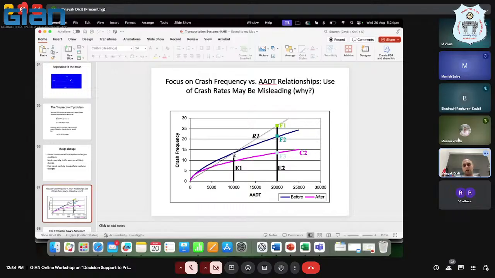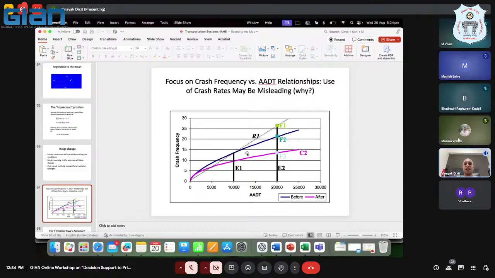After that, we find that the crash frequency is still around 13, but the ADT has increased to 20,000. So when a decision maker looks at it, they'll say, oh, look, there has been no impact on crashes. Whatever was happening is still happening, and the investment we made was wrong.